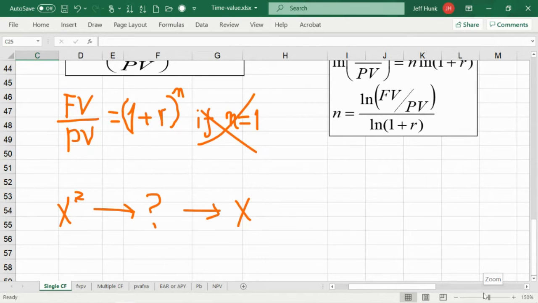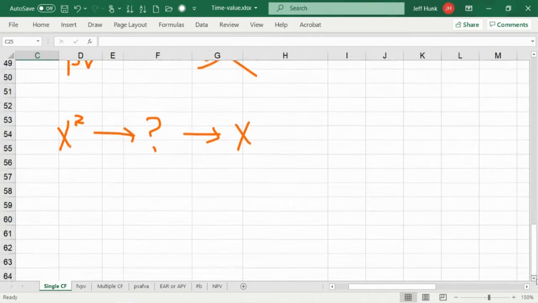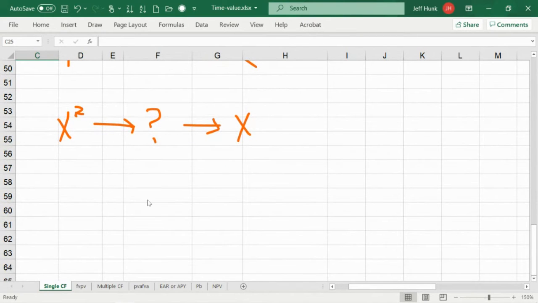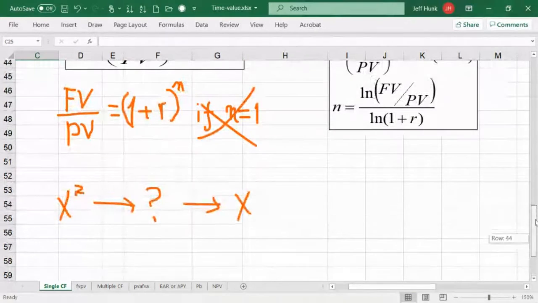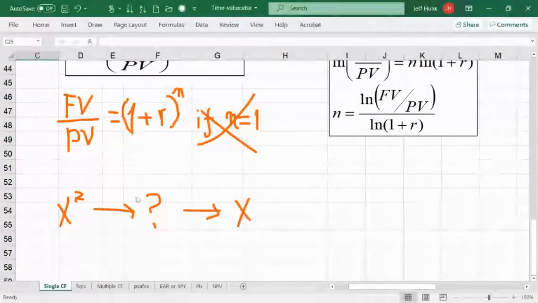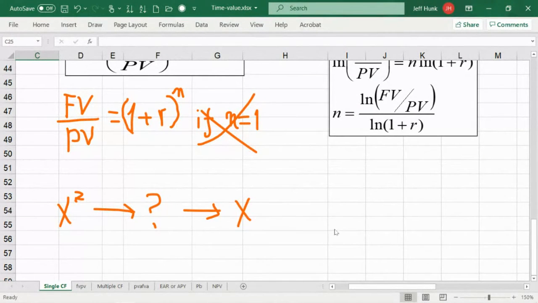I'm here. Okay, Hannah, can you tell me through what process we can turn x squared into x? I'm not sure, but maybe x raised to 2 minus x raised to 2. Is it square root, Professor? Yes, of course. You take the square root.